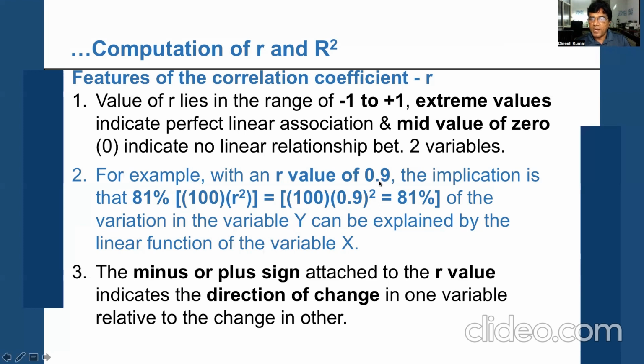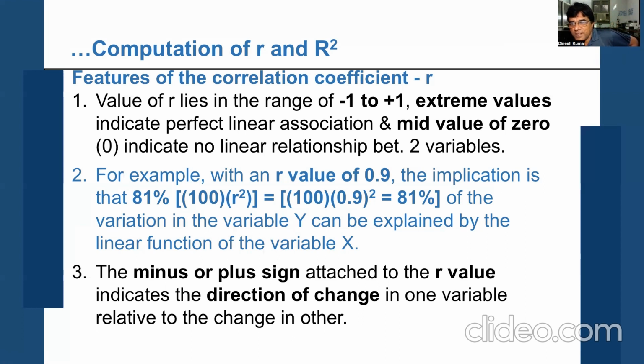You square 0.9, so it will be 0.81. And this 0.81 can be multiplied by 100, so you get 81%. That is, by squaring you get the coefficient of determination, r square, which is 0.81, multiplied by 100 to make it a percentage, then it is 81%.